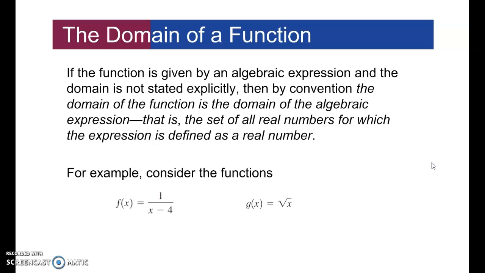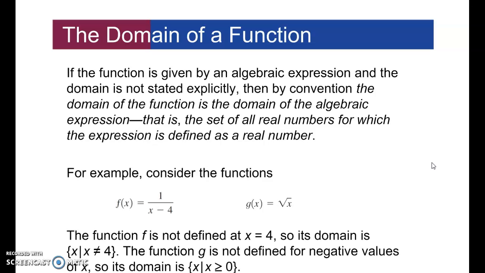I can see that the value of my independent variable lies in the denominator of that fraction. Well, we know from our basic understanding of arithmetic that we can never divide by 0. That means in function f that x minus 4 cannot equal 0. So the value of x that would make the denominator 0 would be if x were equal to 4. So x cannot equal 4.